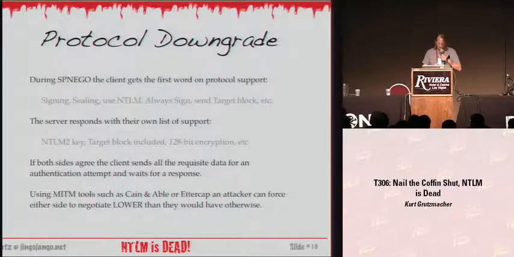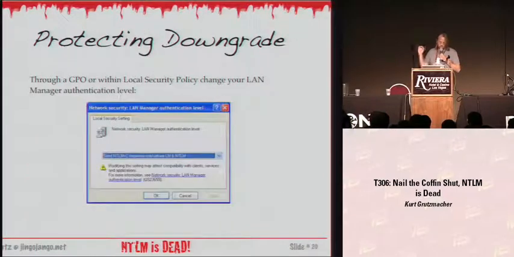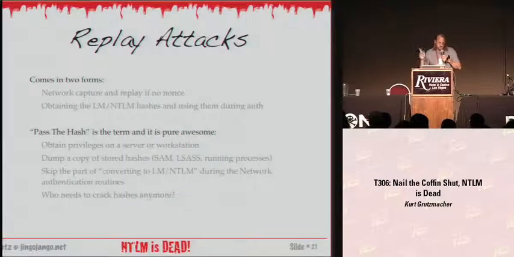You can force through security policy and GPO only do NTLM v2. So if I, as a rogue server, say, no, do NTLM v1, I don't want that other crap, your client's going to say, no, I want v2 only. Well, that's good.